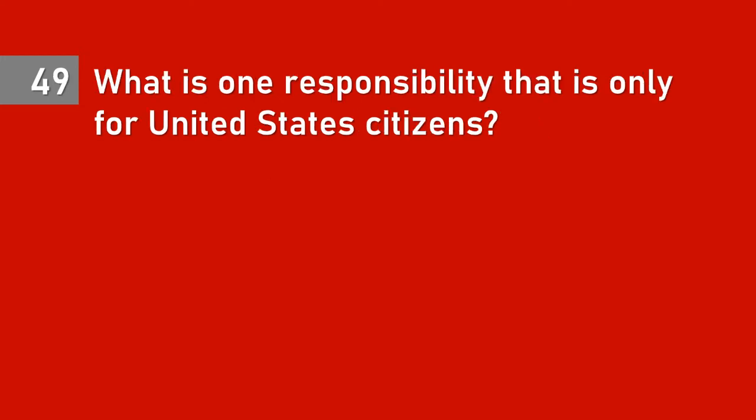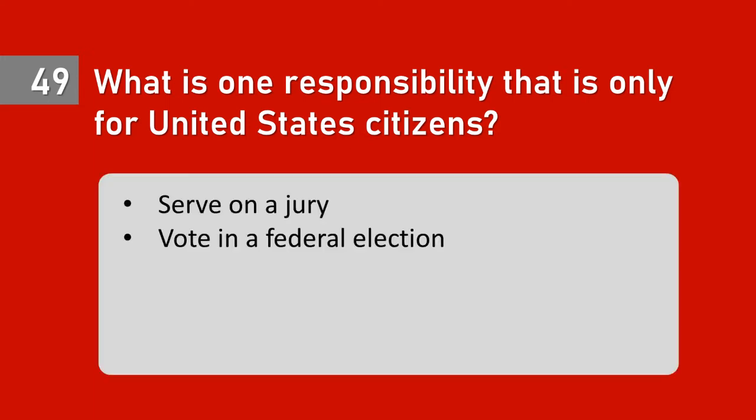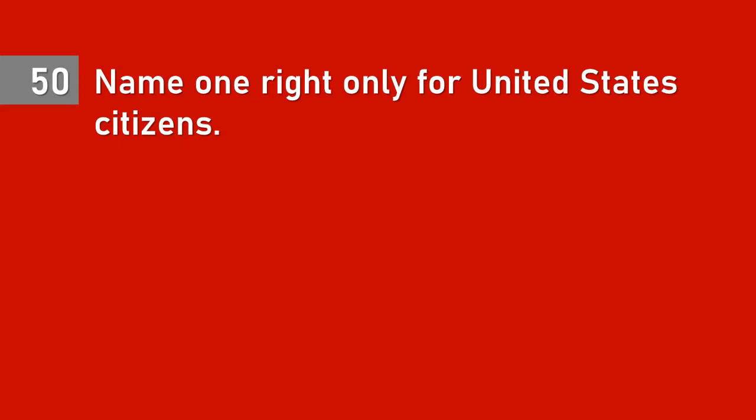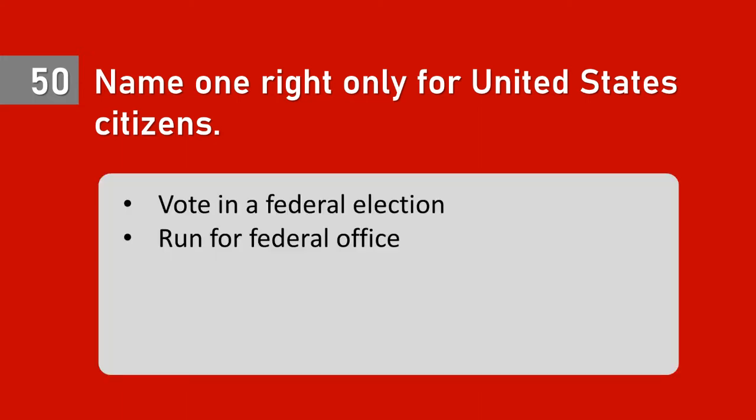Question 49. What is one responsibility that is only for United States citizens? Serve on a jury. Vote in a federal election. Question 50. Name one right only for United States citizens. Vote in a federal election.